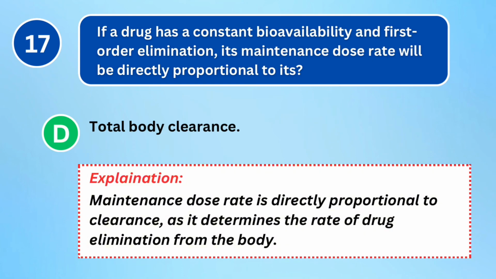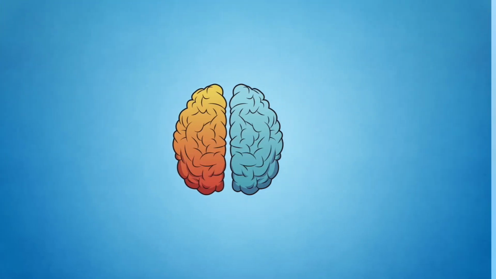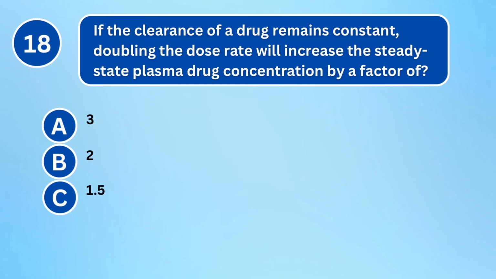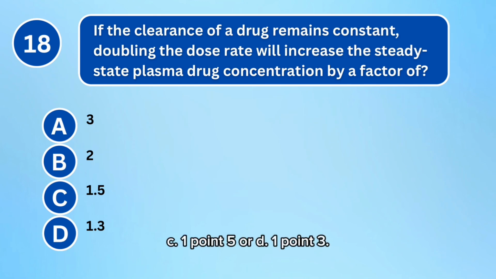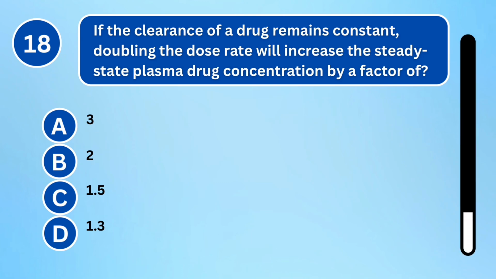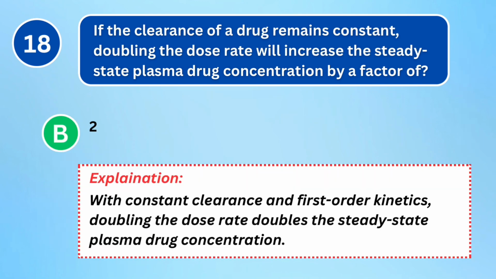Total body clearance. If the clearance of a drug remains constant, doubling the dose rate will increase the steady-state plasma drug concentration by a factor of A. 3, B. 2, C. 1.5 or D. 1.3. Correct answer, B. 2.